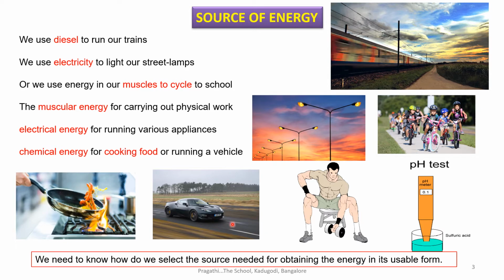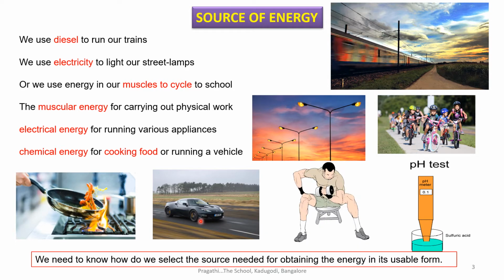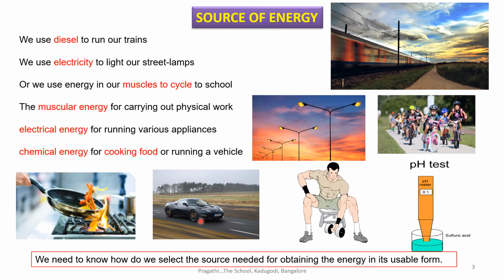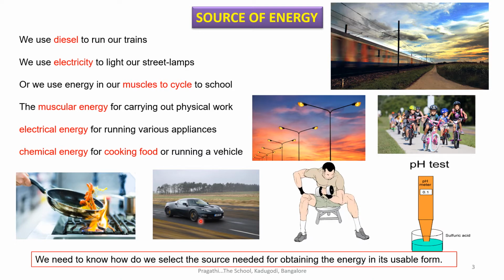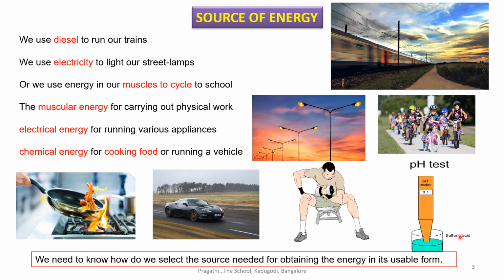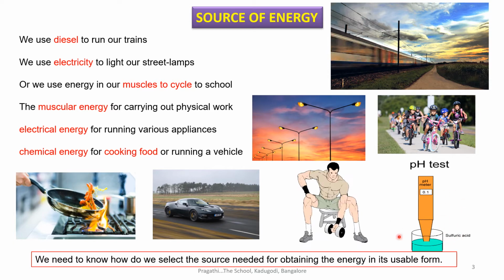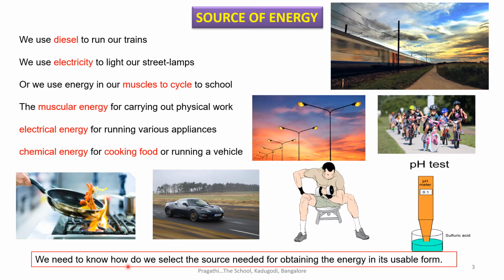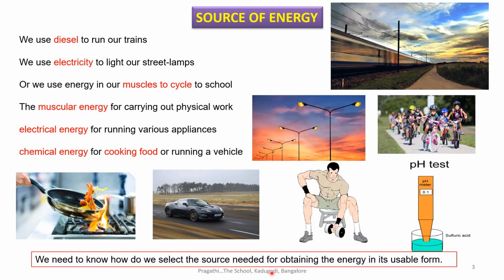The chemical energy is nothing but diesel, petrol, kerosene, turpentine, everything is petroleum products, so all those are chemical based, so that's why it is called a chemical energy. And here a muscular energy is required to lift the dumbbells, and here the chemical is used, sulfuric acid is used for generating electricity. We need to know how we select the source needed for obtaining the energy in its usable form.